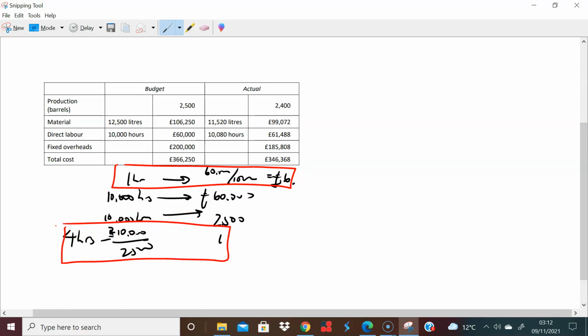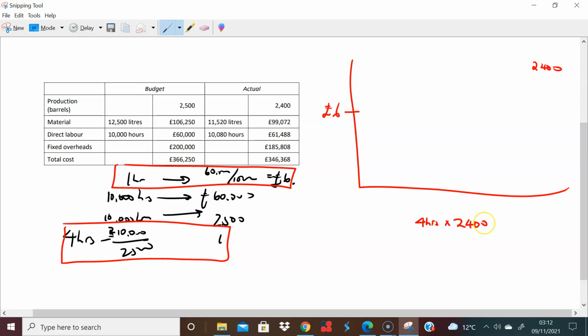So to make 2,400 units, 4 hours times 2,400 is 9,600. You should be spending 9,600 hours.